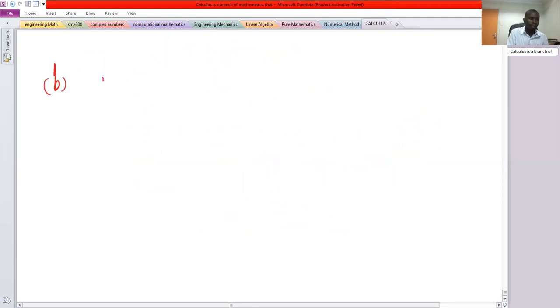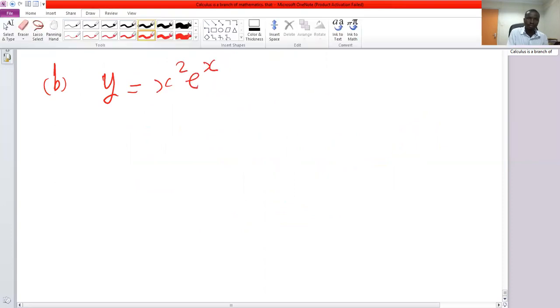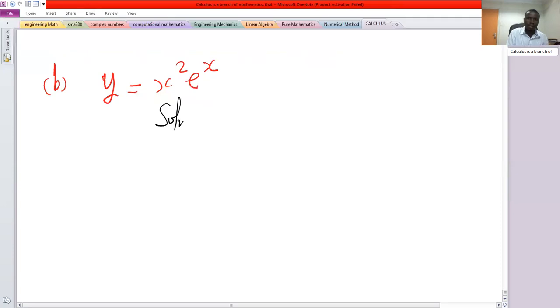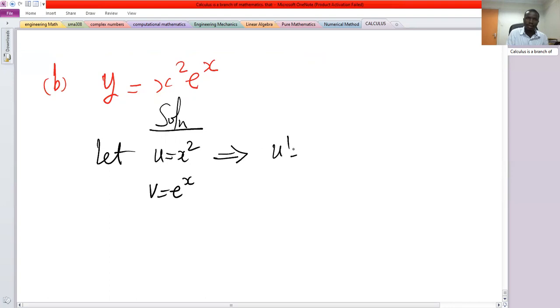B, y is given by x squared e raised to power x. Now solution, we let u be x squared and v be e raised to power x. So u prime will be 2x, and v prime will be e raised to power x.